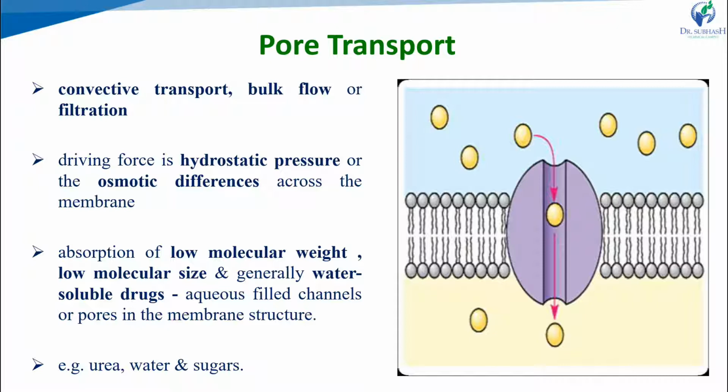In the cell membrane, aqueous filled channels or protein channels are present, through which the drug crosses. Otherwise, we can say pores in the membrane structure, through which drugs also cross the cell membrane. Examples like urea, water, and sugar are absorbed by the pore transport mechanism.